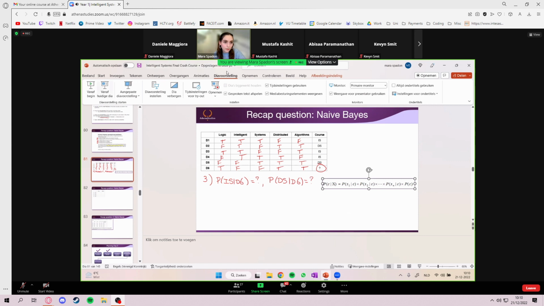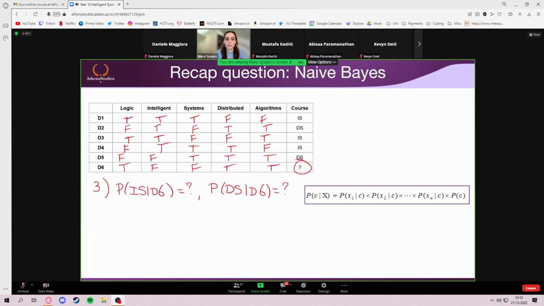We need this formula. So if I would rewrite P of IS given DS, what would that look like? Maybe someone can unmute themselves. What do you think if we would rewrite that formula?